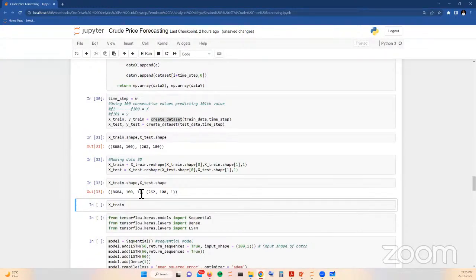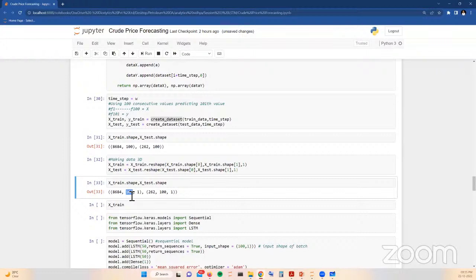This last element represents the total number of features present. In our scenario, as I said, it is a univariate problem, so only one feature is present, that is our crude price itself. But if we talk about that machine example, the compressor example, in that scenario 3 features will be there. This other dimension is representing what window size I am giving.